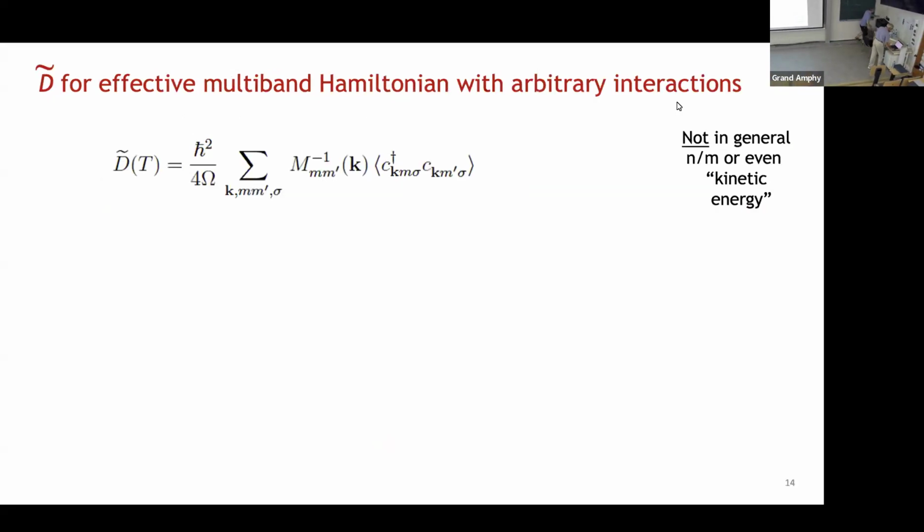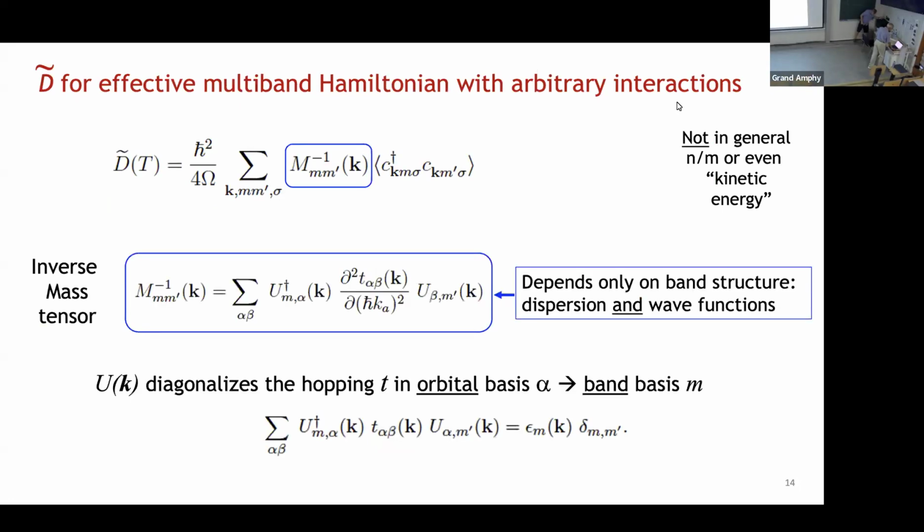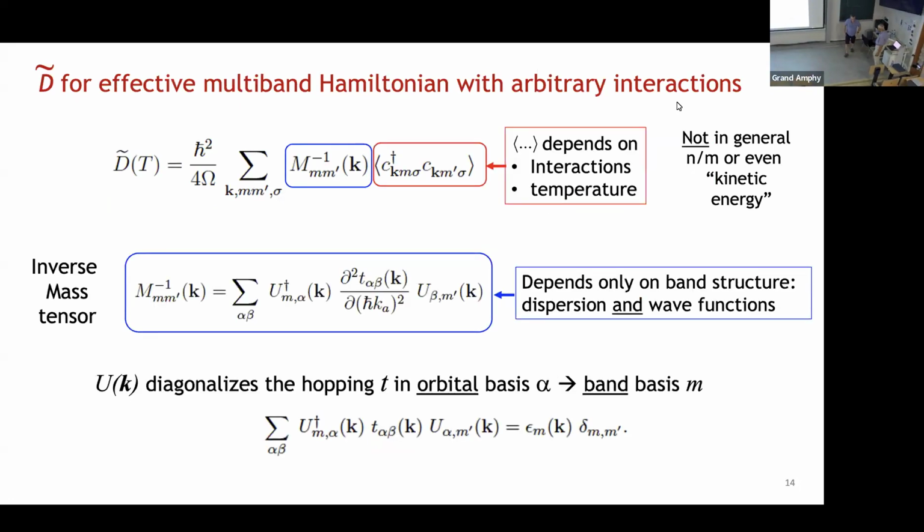Now, how do we compute it? Here is d tilde. We can save this for the Q&A, but you give me a band structure and I can write down a formal expression for it. Remember we said that all these objects, superfluid stiffness, optical spectral weights, look like a density divided by the mass.